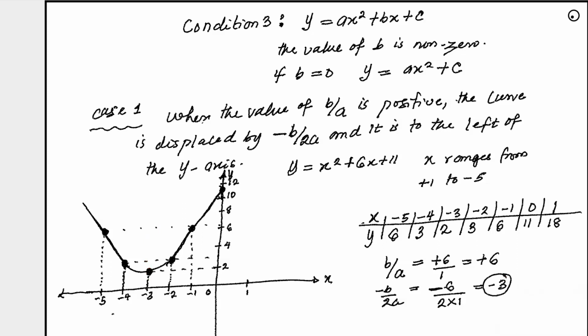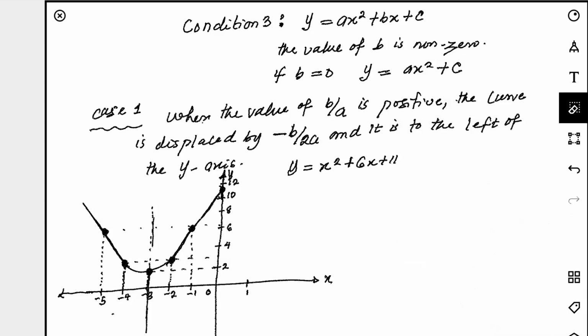And that is here, you can see. So you can cut the curve into 2. It's symmetrical at that point. So that is why it is being displaced at that point. Easy. Don't worry. I'm going to take the next case, which is case 2.